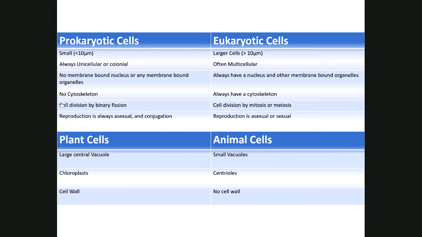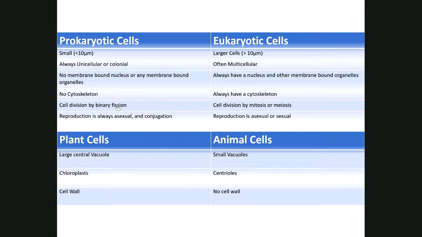And when it comes to division, all right, prokaryotic cells will divide by binary fission. What that means is that you have a cell and basically it starts to split and it shares the contents between the two resulting daughter cells.